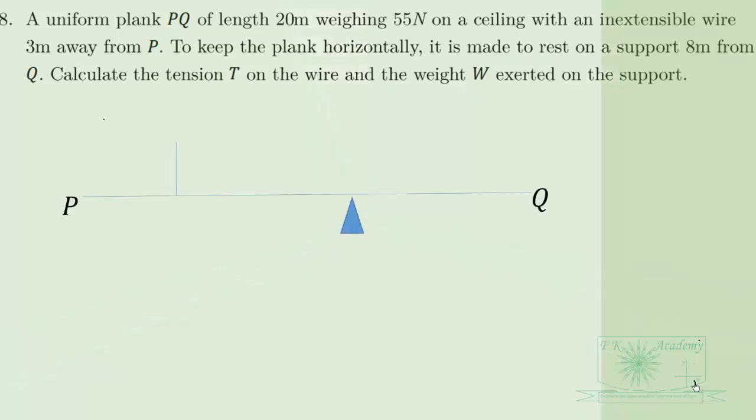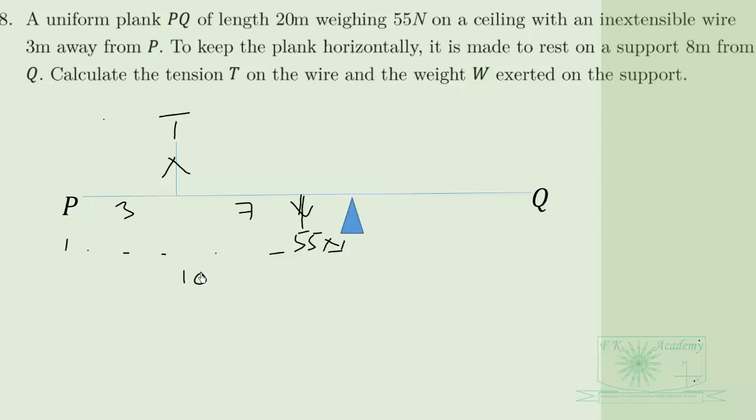So we can illustrate it like this, with this being the tension in the wire, which is 3 meters from P. So this will be 7 meters, because from P to the center, which is the 55 newton, that's supposed to give us 10 meters.